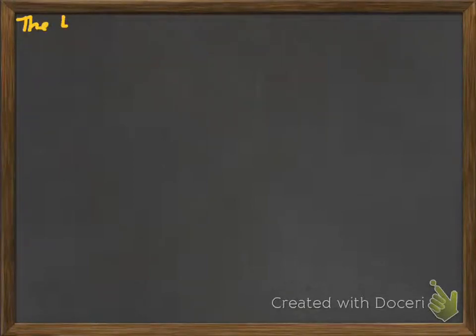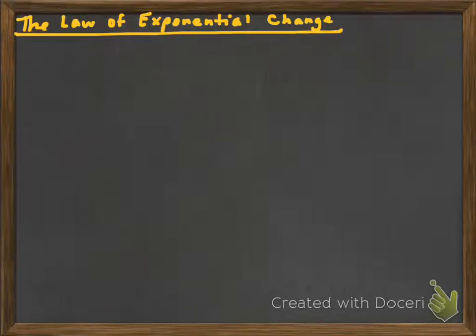All right. The law of exponential change is the next thing we need to talk about. Parts of this are going to be very familiar, but this first part becomes very important in the context of what we're doing here, because of how you will see questions pertaining to this section worded on the AP exam.